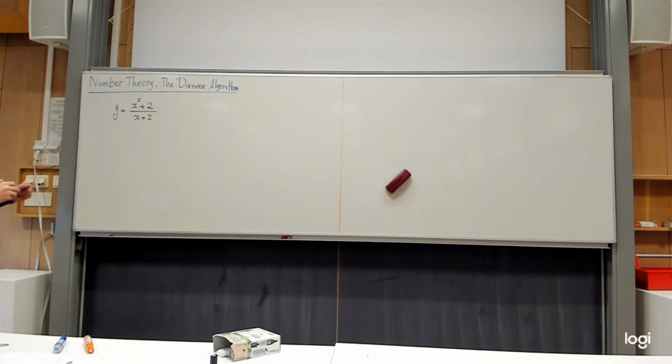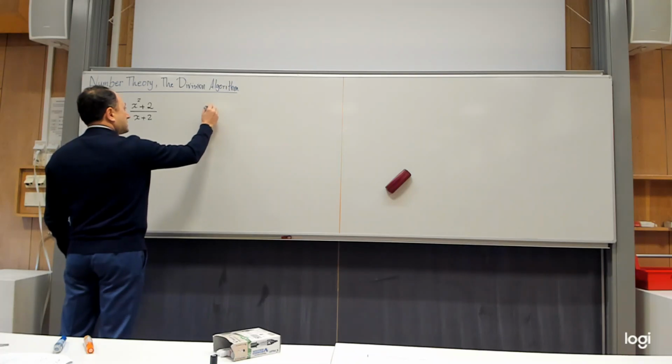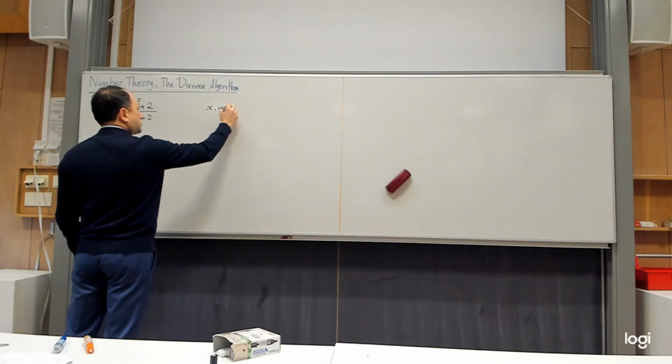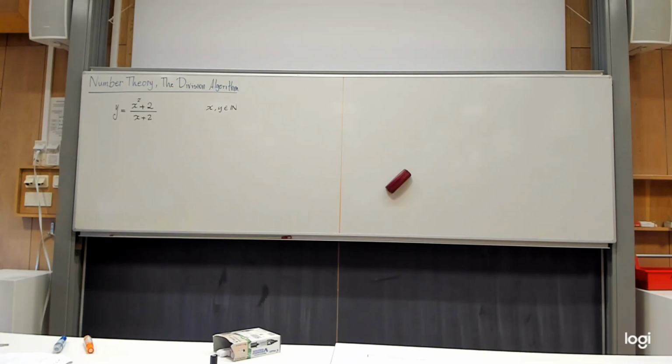My point is that I want to force x and y to be natural numbers. So how can we do that? Any ideas?